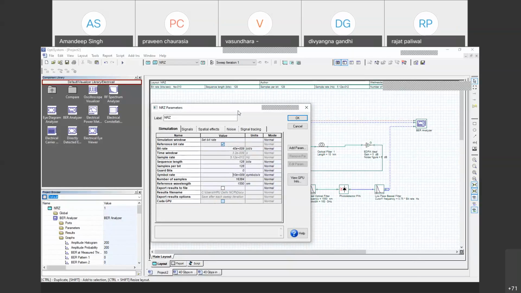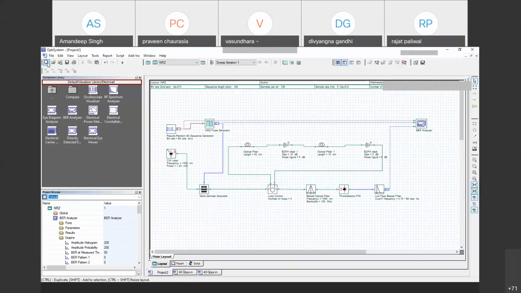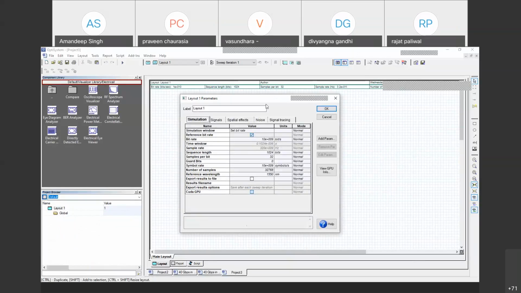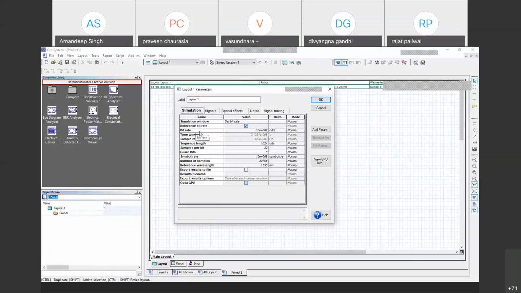For the safe side, we have defined the global parameters in a generic way. For example, if I click this, you can see they have taken the same bitrate and symbol rate. This is generic.